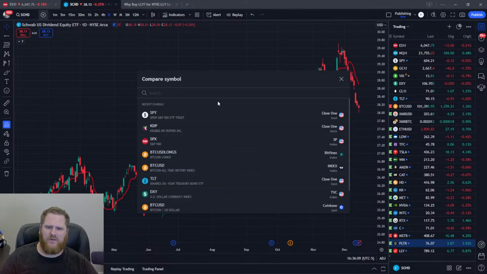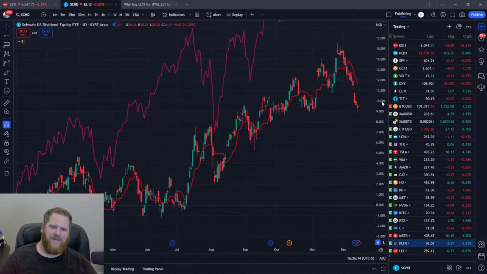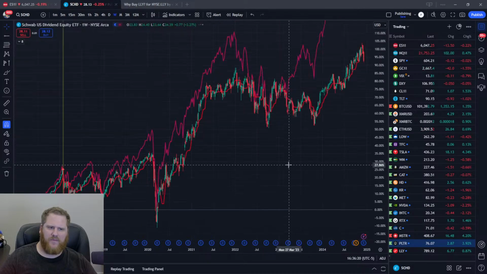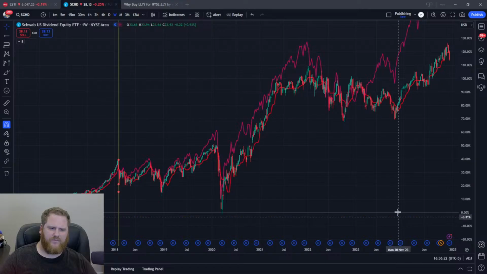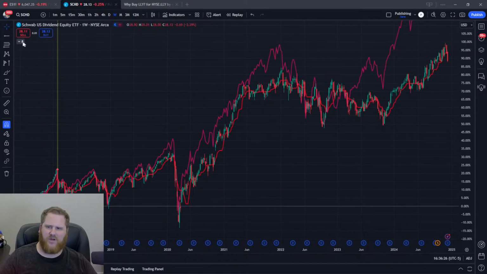Let's look at just VOO, the Vanguard, the lowest cost index ETF. Let's do it weekly. I can't even see it on the chart here. It's outperformed it by so much.